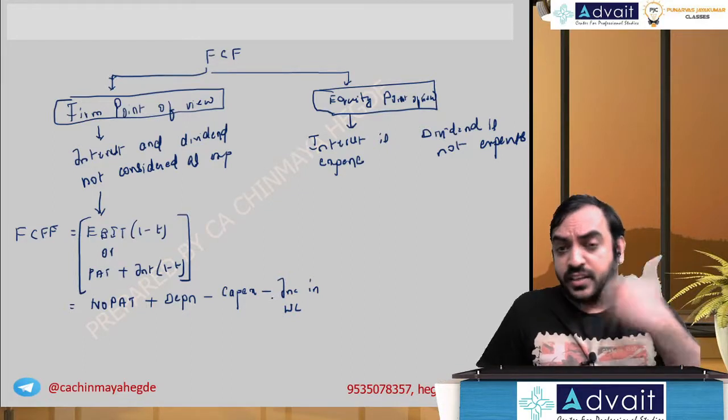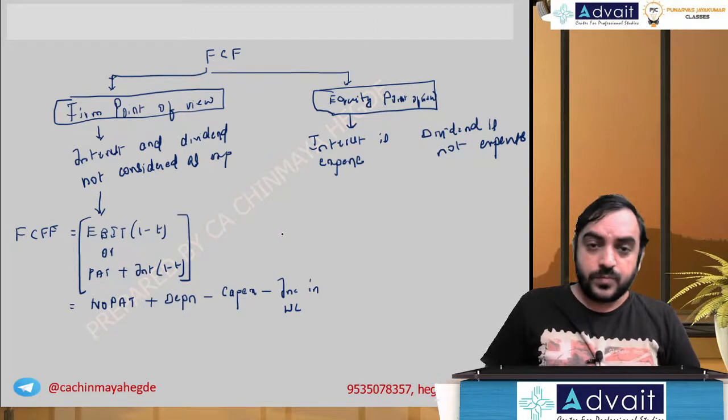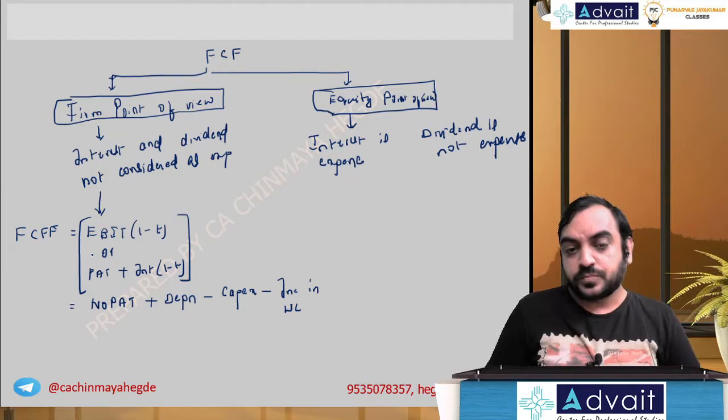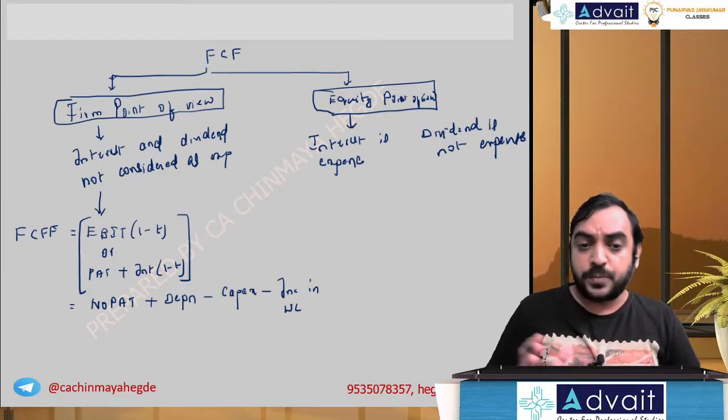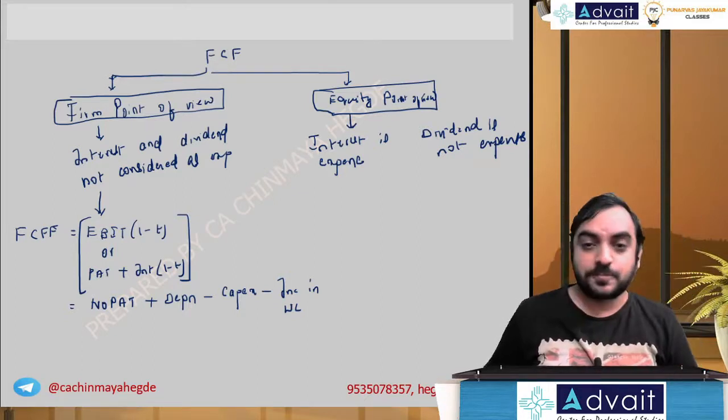An increase in working capital means cash flow is reduced. So NOPAT plus depreciation minus capex, minus increase in working capital; basically the interest element, I am adding it back.